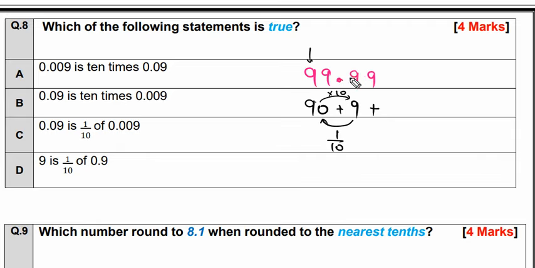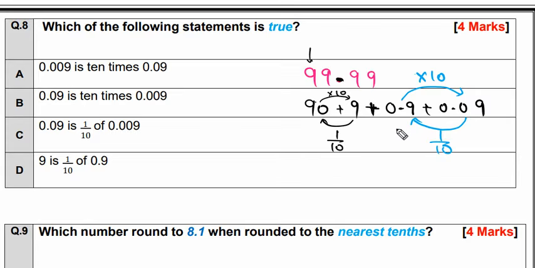Now if you move further, because the point is there, we discussed in question number 2 how to write this. Now this is 0.9, and this place is 0.09. So 0.9 is 10 times of 0.09, but 0.09 is 1/10 of 0.9.